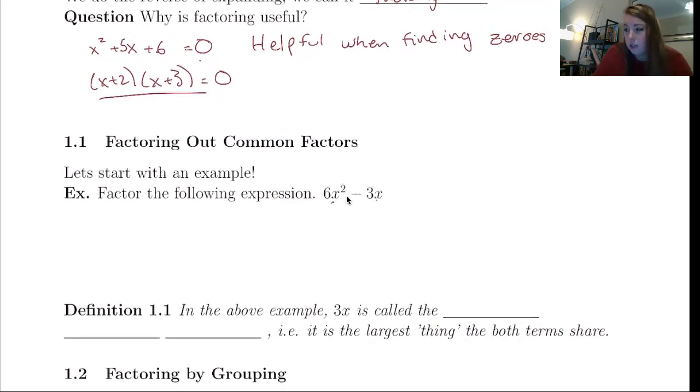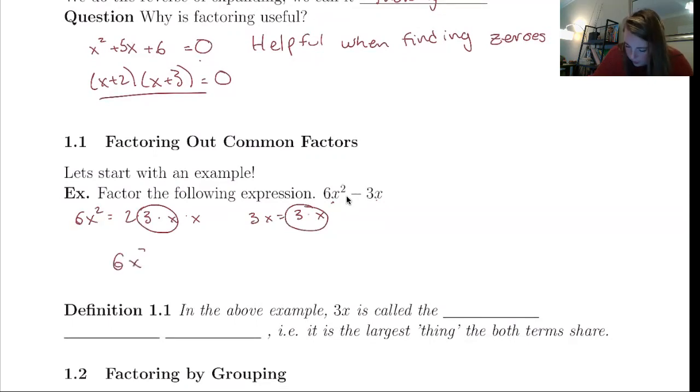This one actually has 2 because it's x squared. And then 6 and 3 are both divisible by 3. So you can write 6x squared as 2 times 3 times x times x, and then 3x is just 3 times x. So they both have in common this 3x.